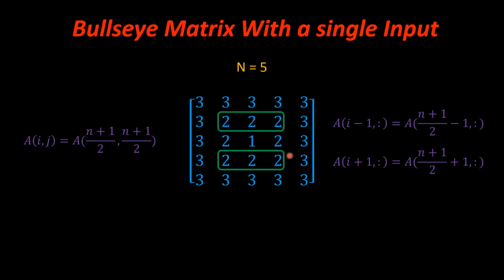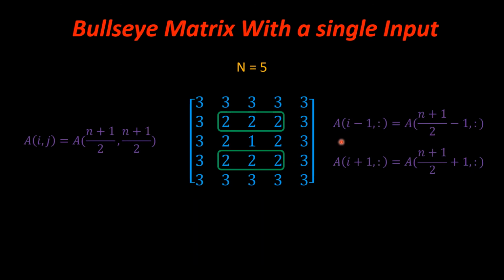There you can see clearly that first you have to update two rows. If this is the ith row and ith jth column, then if you go for the I minus 1 row, you will have the upper row, and for the I plus 1 row, the lower row. Yeah, these elements will also be updated, the 3 3 here and the 3 3 here in this row, but anyway this will be taken care of.